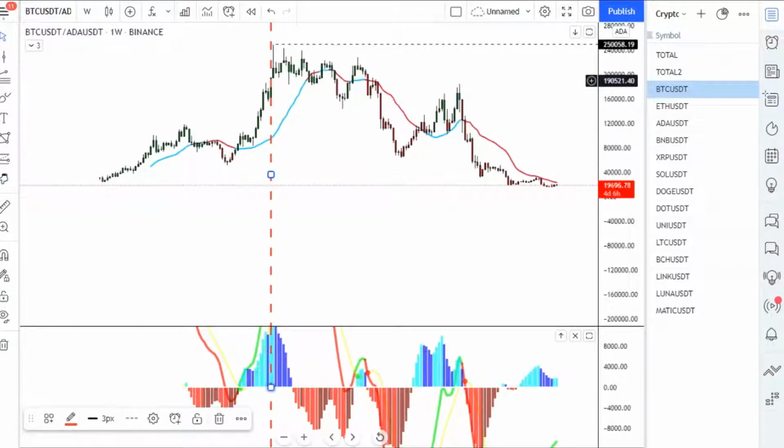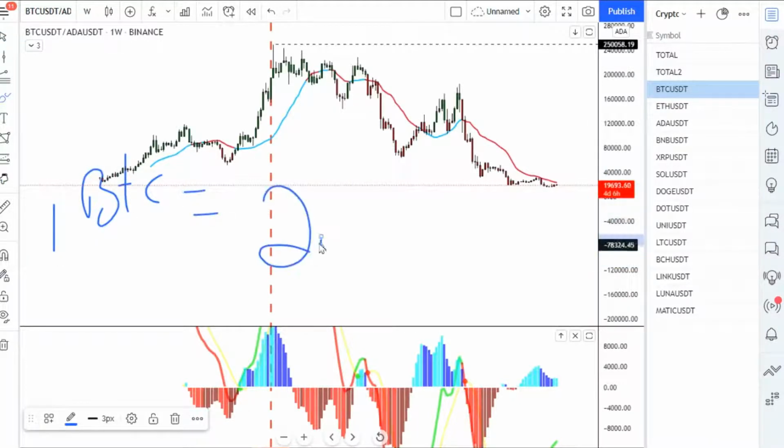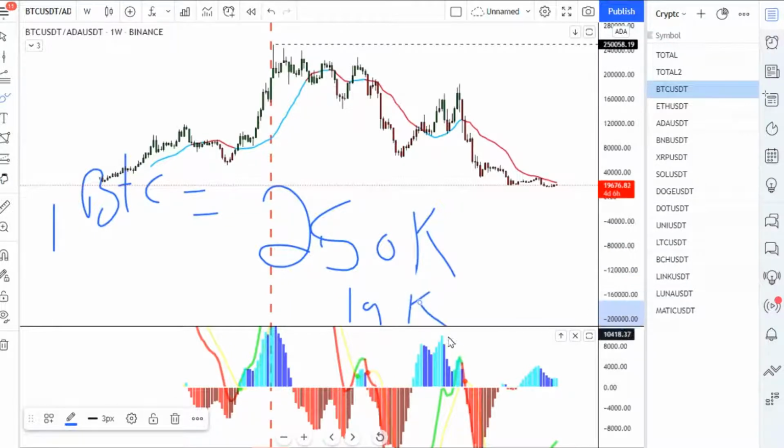On the 29th of July 2019, one BTC could buy 250,000 Cardano. That's not the BTC price itself, and that's not the Cardano price. That's BTC over Cardano. Now you can buy only 19,000.